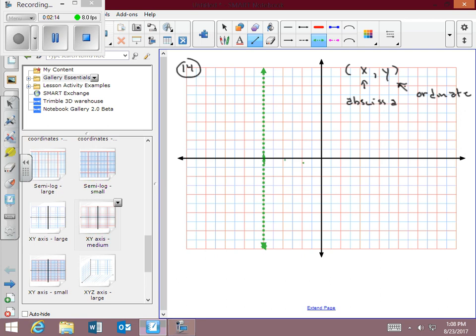If we pick any points on that line, this point right here is X is -3, Y is 0. This point up here is X is -3 and Y is 2. And the point down here is X is -3 and Y is -3. All abscissa values are -3.